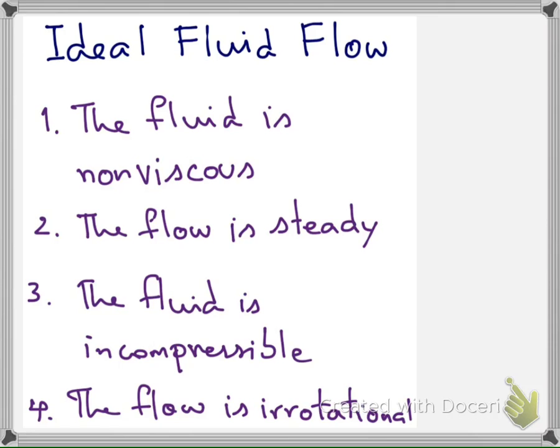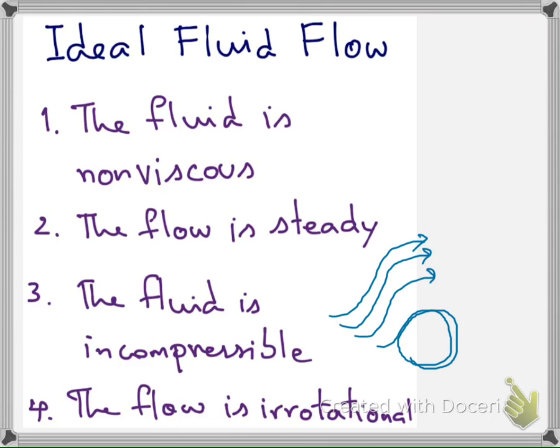Okay, so it means that if the fluid flows like this, it will have a path of flow, but you don't have this kind of flow that is rotated, something like this.